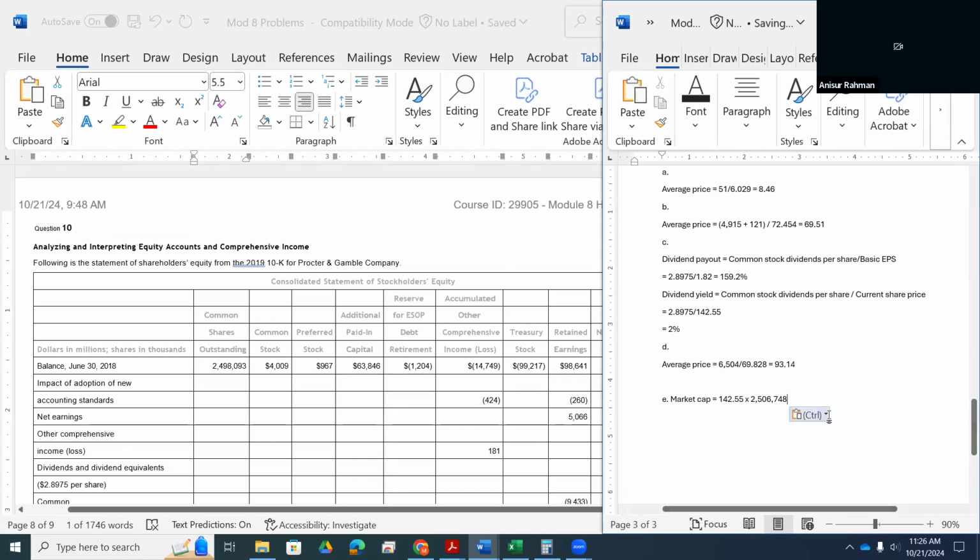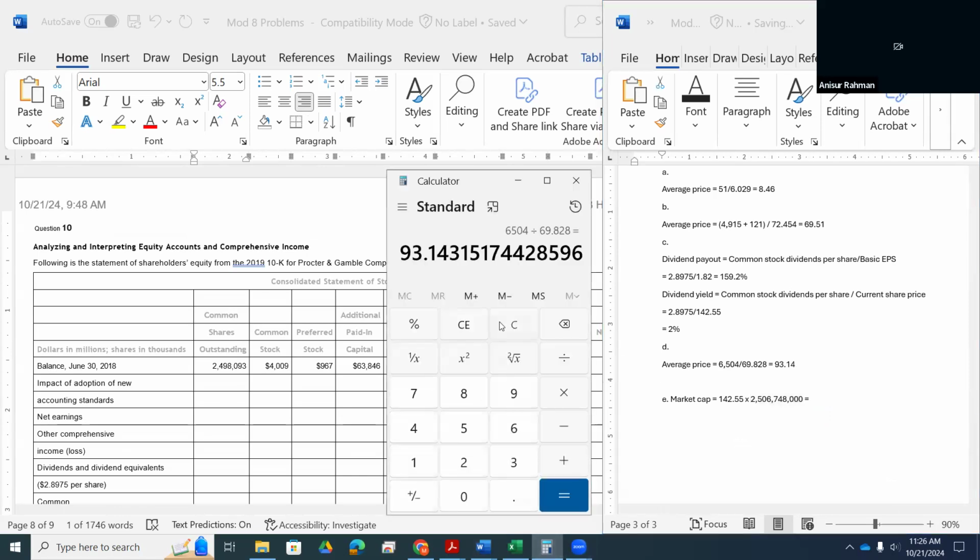Shares in 1,000, so multiplied by 142.55.